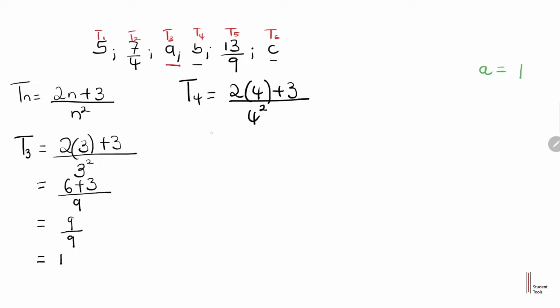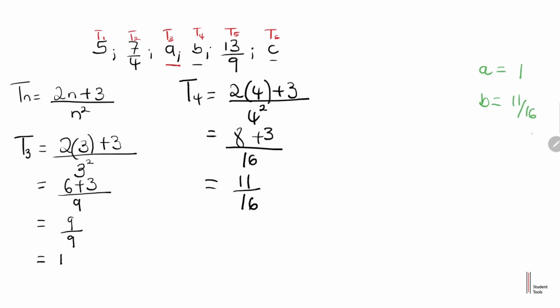So this is equal to 2 multiplied by a 4, that is an 8, plus a 3 over 4 squared, that is a 16, equal to a plus 3, that's an 11 over 16. So if term number 4 is equal to 11 over 16, that means b is equal to an 11 over 16.